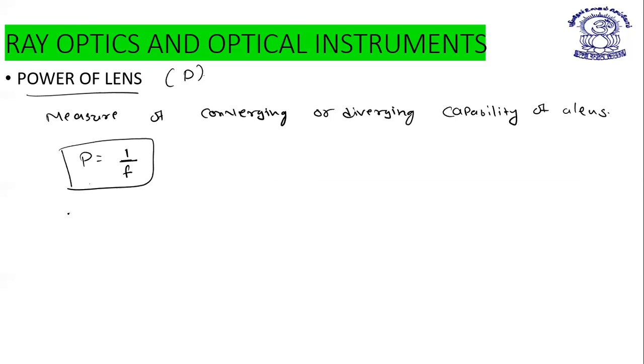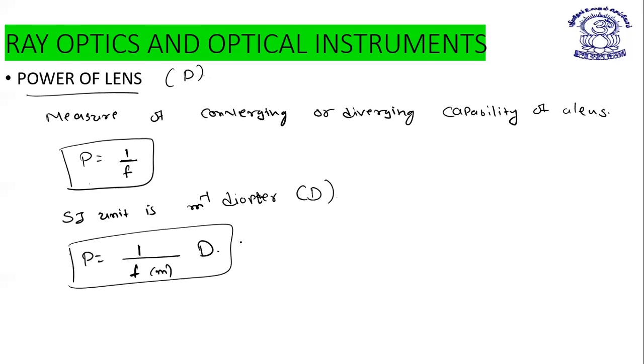Its SI unit is meter inverse and it is called diopter, capital D. But usually in practical life, we see focal length in centimeter. So P can be written as 1 upon focal length if it is in meter, diopter, or it will be 100 upon focal length, which is in centimeter, diopter.